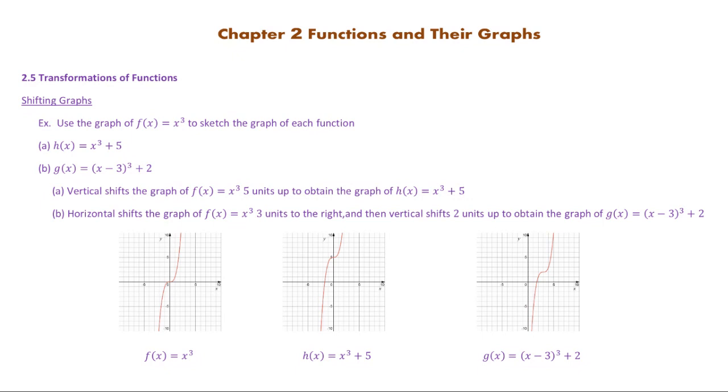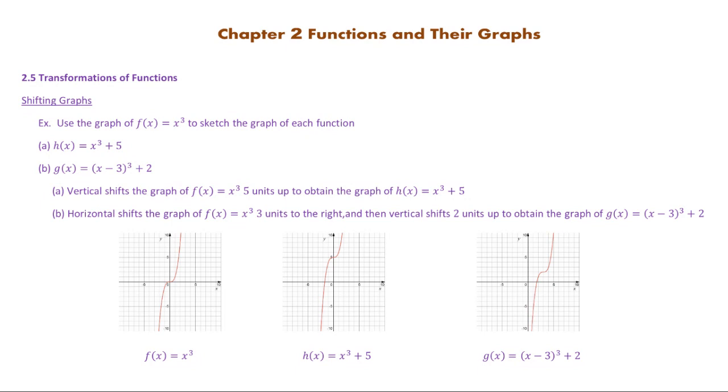Okay, so you start from f(x) equal to x cubed, and you need to get the graph of g(x) equal to (x minus 3) cubed plus 2. So what you can do, you can shift horizontally first. So we have x minus 3 cubed. So minus, right? So we need to shift to the right.